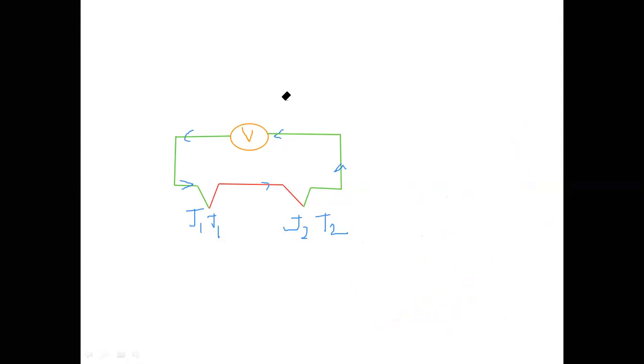Law of temperatures means that here this is metal A, this is metal A, and this is metal B. And now I'm taking metal B here again, in red color, and some other metal, I will take this blue color, this is metal C. This is metal B and this is metal C. And here I'm placing a voltmeter.